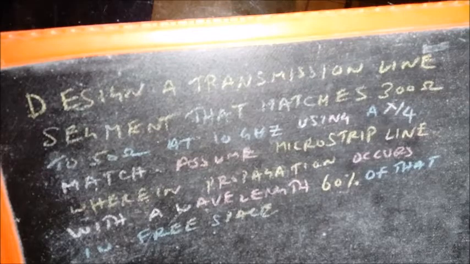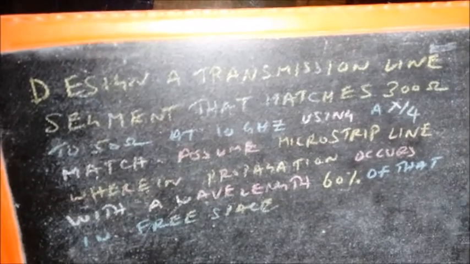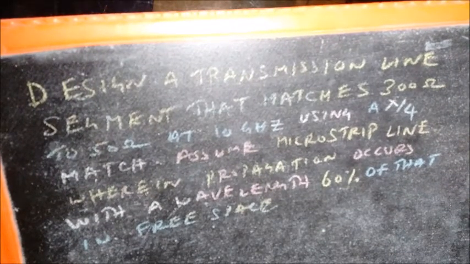So this is the question. We have to design a transmission line segment that matches 300 ohms to 50 ohms at 10 gigahertz using a quarter wave line match. As I said, this is additional data. Assume microstrip line is used wherein propagation occurs with a wavelength 60% of that in free space.